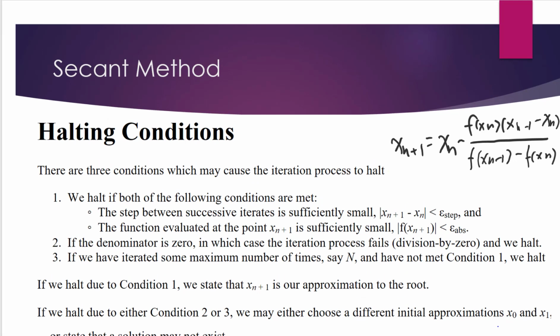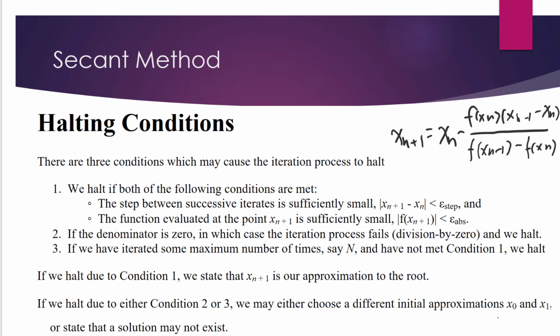It's possible that sometimes f(x_{n-1}) is exactly equal to f(x_n). If that happens, the denominator becomes 0, so we cannot continue this iteration process.